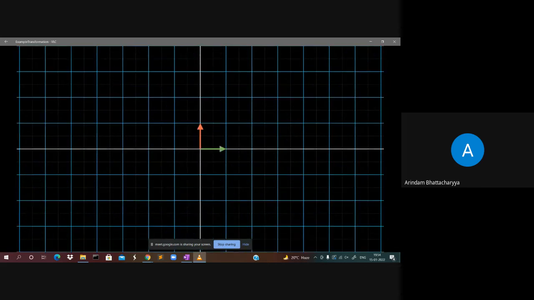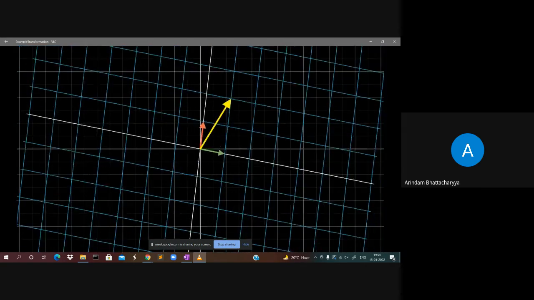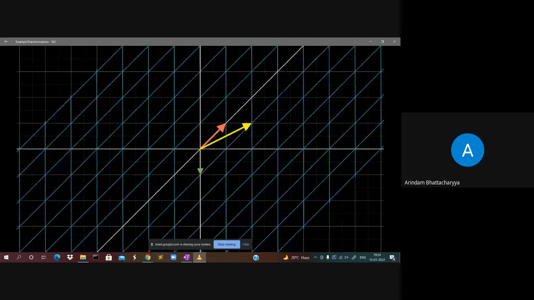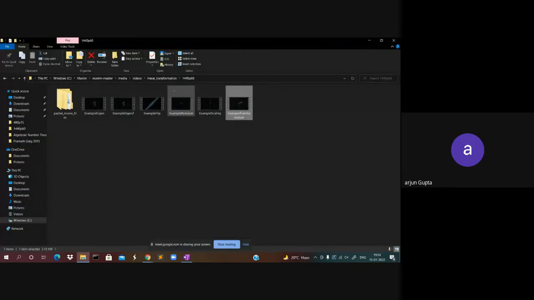You have two vectors i and j, the usual i and j, and you move both of them to some place, and that somehow moves the whole of your grid. Formally it might not make sense yet, but the picture makes sense, right? That is what we are trying to do.